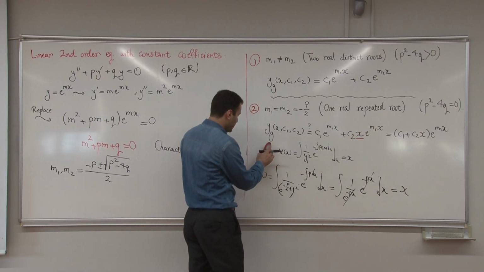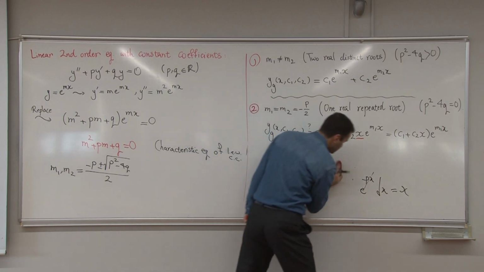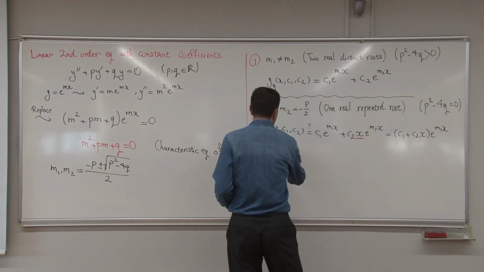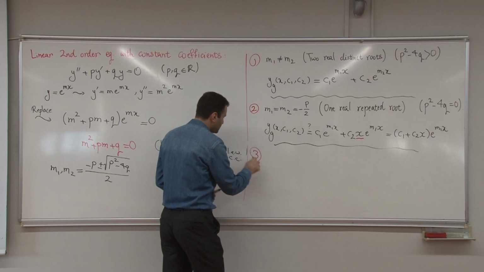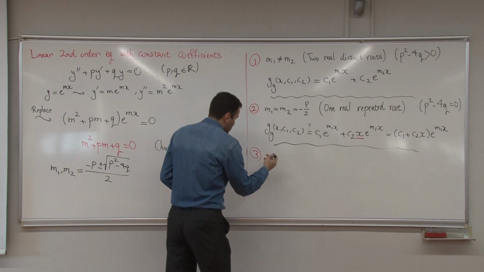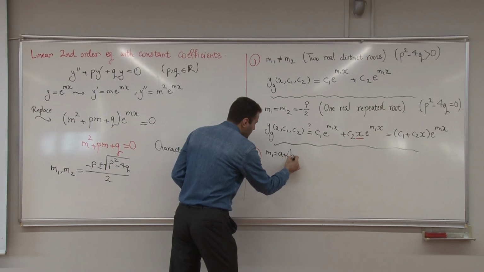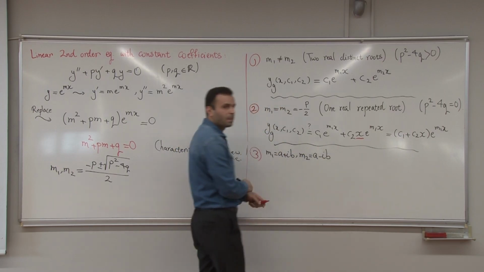Okay? Let me clean here, because I need to also write the third case. What happens if we have m1 equal to a plus ib, m2 equal to a minus ib?